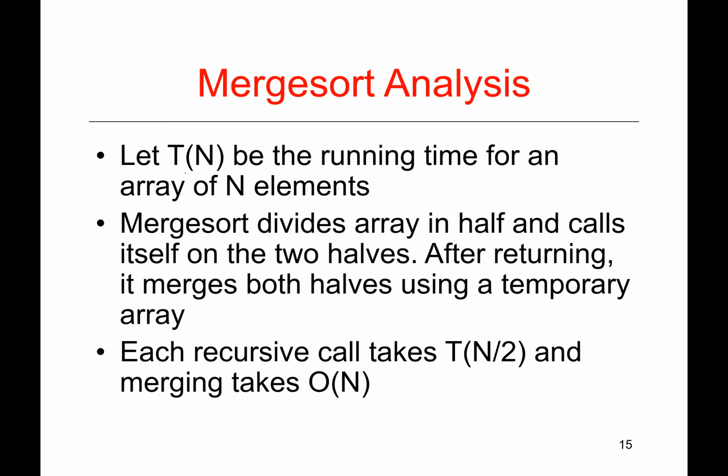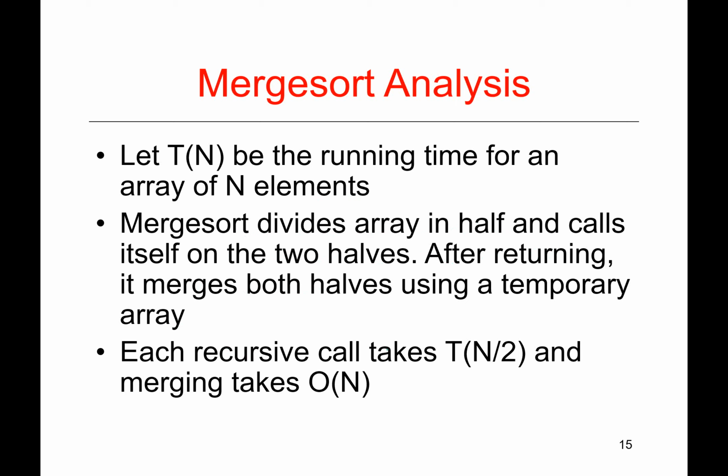Okay, and then we have to check the runtime. Let's use T(n) to represent the running time for an array of n elements. Merge sort divides the array in half and calls itself on the two halves. After returning, it merges both halves using a temporary array.